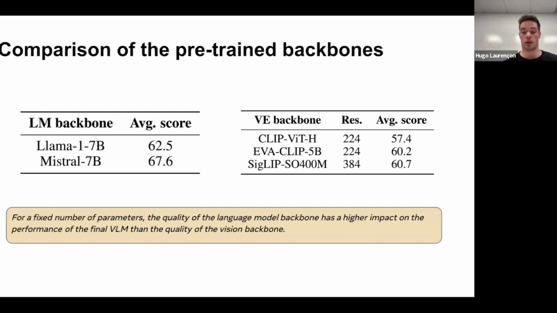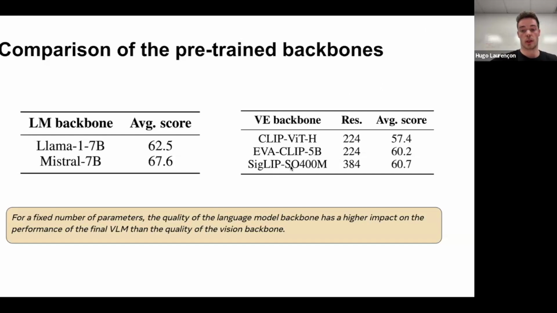And it was the same thing with the vision encoder backbones. For example, EvaClip performed better than Clip, and CGlip, which was much smaller in size than EvaClip, performed even a bit better.